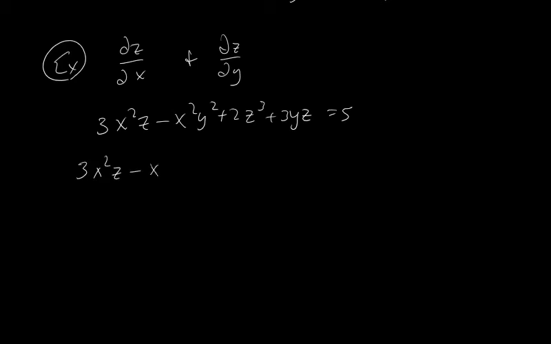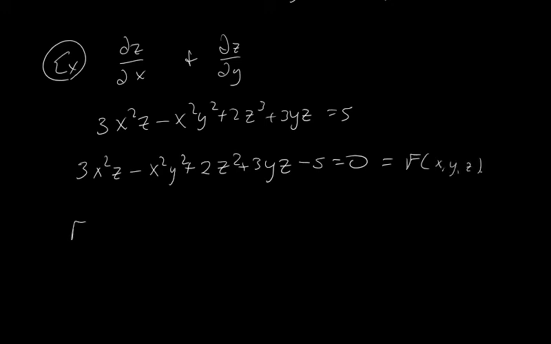So 3x squared z minus x squared y squared plus 2z cubed plus 3yz minus 5 is equal to 0. So that's going to be our F of x, y, z. Okay, so the partial of F with respect to x is going to be 6xz minus 2xy squared. Those are the only terms containing an x. Everything else goes to 0.